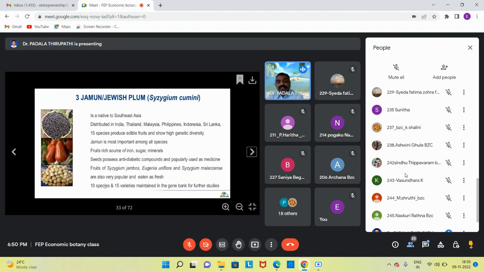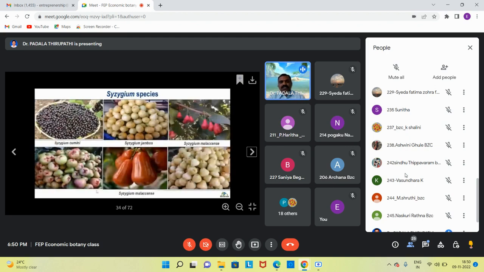Even 10 species and 15 varieties are maintained in the gene bank for further studies. So these are the different Syzygium species. Have you ever observed Syzygium cumini, Syzygium jambos, Syzygium malaccense? See here, these are the different fruits. They are a very rich source of iron.